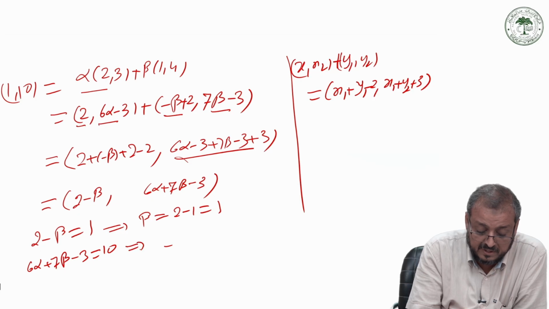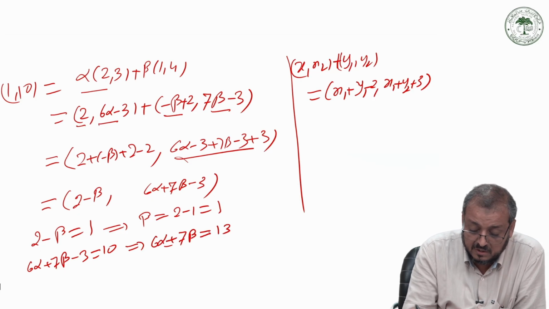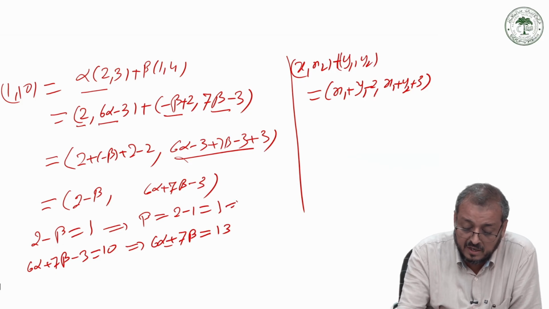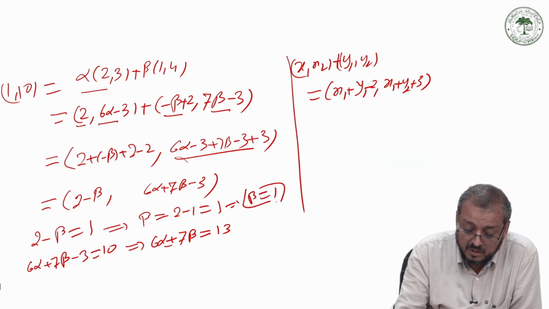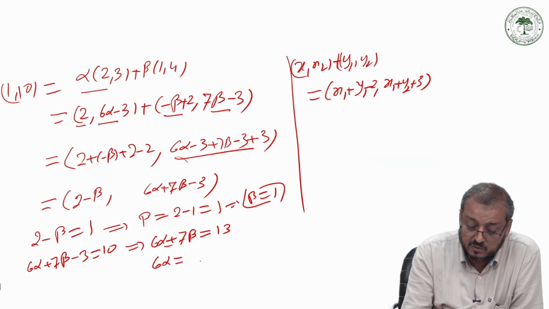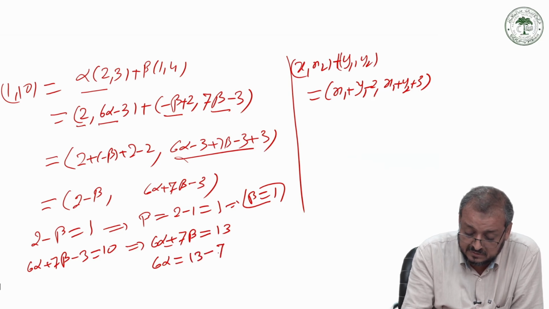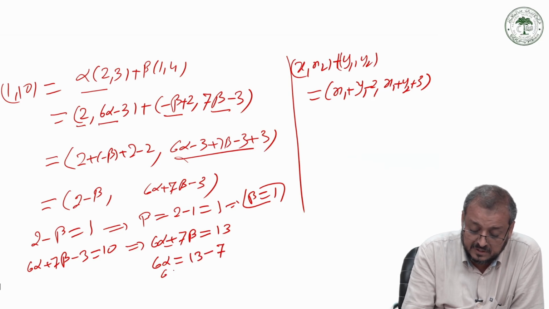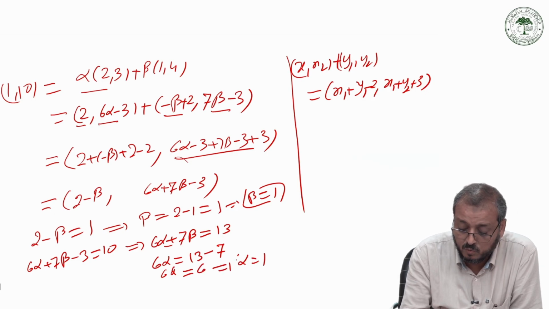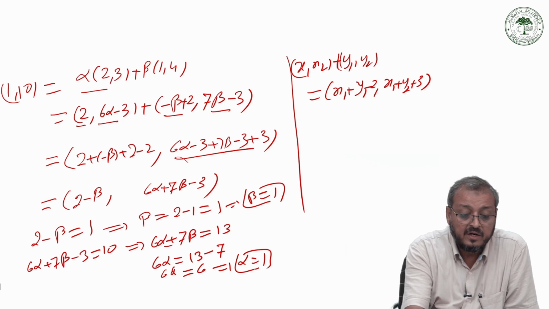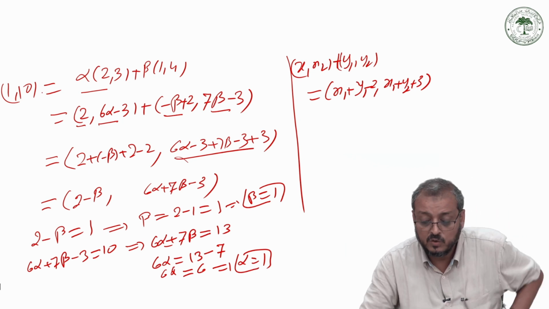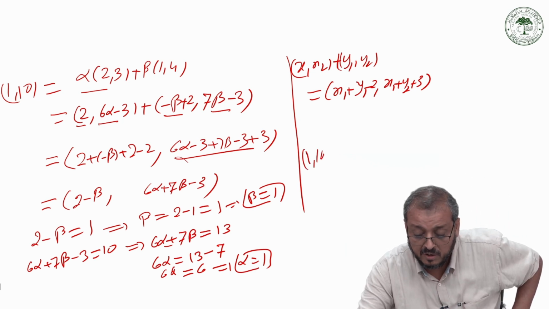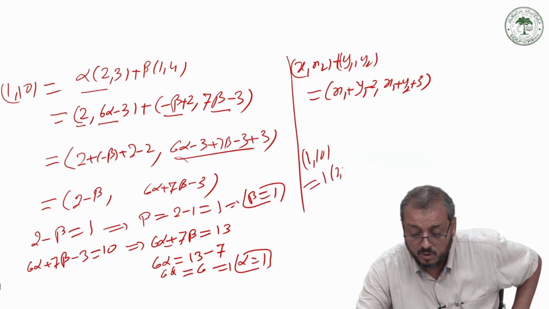Since 2 minus beta is equal to 1, beta is equal to 2 minus 1, which is 1. So beta is equal to 1. This implies 6 alpha plus 7 beta is equal to 13, and with beta equal to 1, 6 alpha is equal to 13 minus 7, which means 6 alpha is equal to 6. This implies that alpha is equal to 1. So we find the values for alpha and beta are both equal to 1. This means we can say that (1, 10) can be written as 1 times (2, 3) plus 1 times (1, 4).